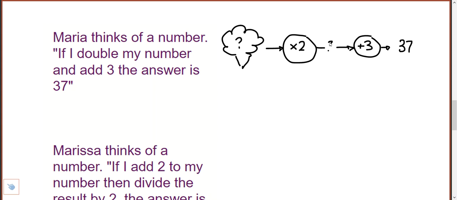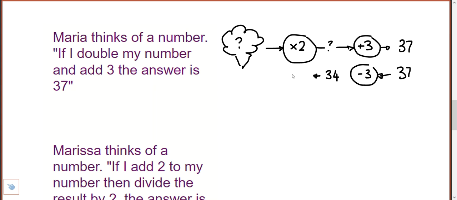Because if we've got something and we add 3 and get the answer 37, it makes sense that if we start with 37, we have to subtract that 3. So we take 3 from 37. Oh, okay, not 37 from 3. So we take the 3 away. That tells me what the question mark was, which was 34. That tells me the first question mark.